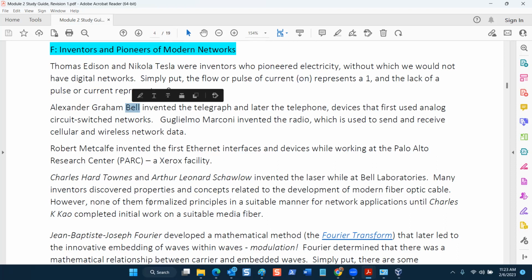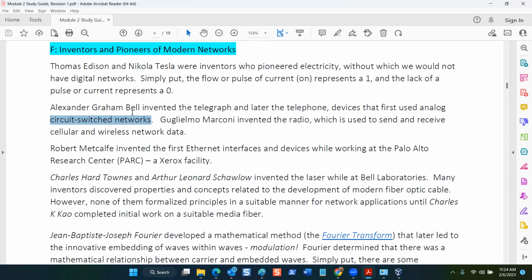Alexander Graham Bell, has anyone ever heard of that name before? The guy that created the first telephone? Yes, and those were analog, old school circuit switched networks. We've gone over what that means in the first module. You connect a wire from the caller to the receiver, and that loop to and from the caller and receiver has to be connected all the way, right?